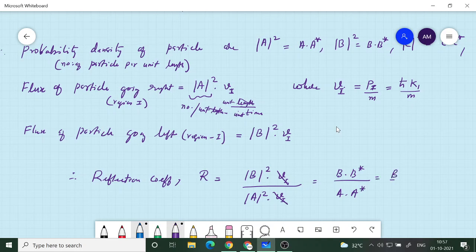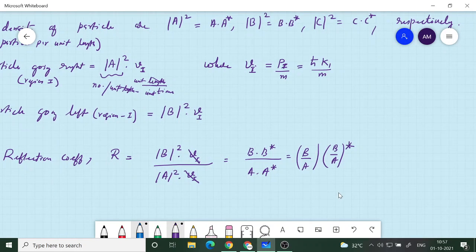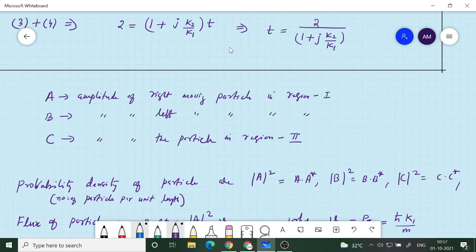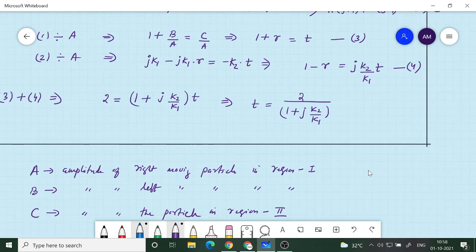You can write it as B by A into B by A the whole star, which is equal to R into R star. But what I found is only T. I can now find R. From the first equation I know that R is equal to 1 minus T. So I have T here, so I can find R as 1 minus T.